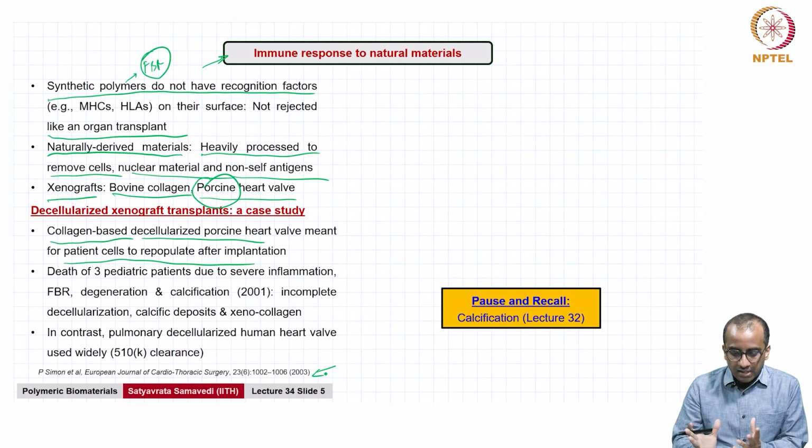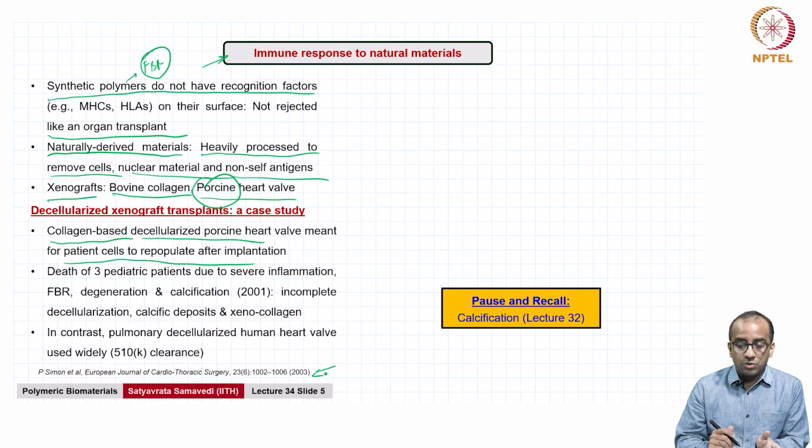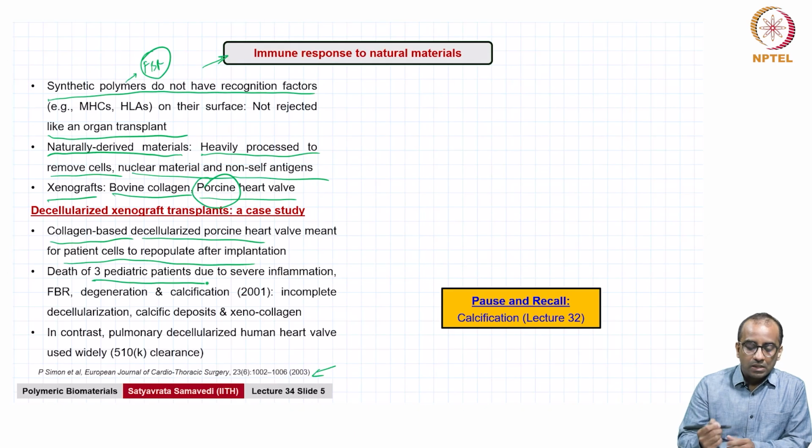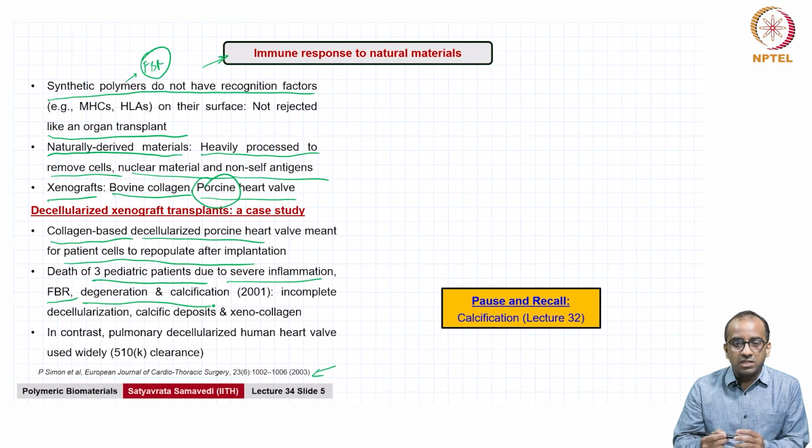But essentially, the company that developed it, their intention was that eventually this would be a tissue engineered strategy where the patient's own cells post implantation will populate the matrix. But unfortunately, what happened is when this was implanted in 4 pediatric patients, 3 of them actually died due to severe inflammation, foreign body reaction, degeneration of the valve and calcification.